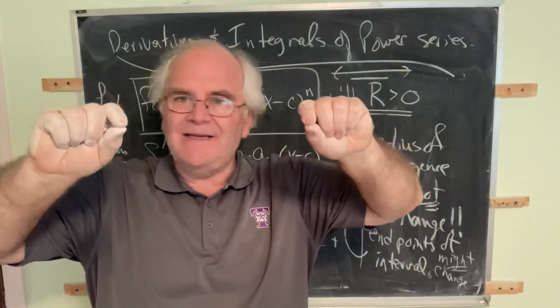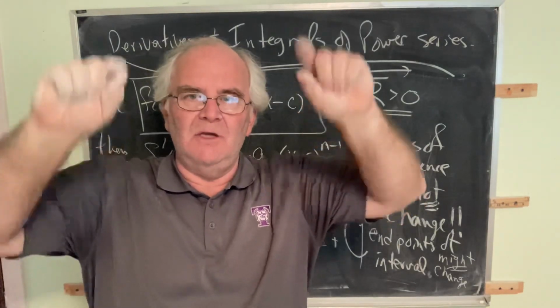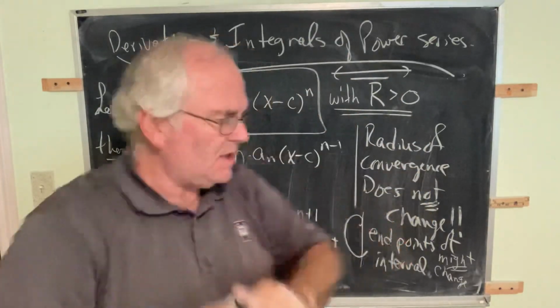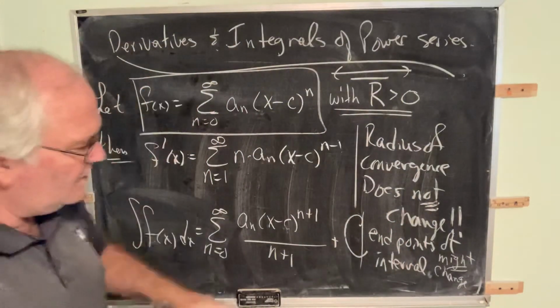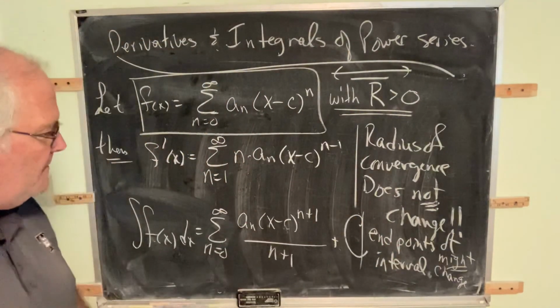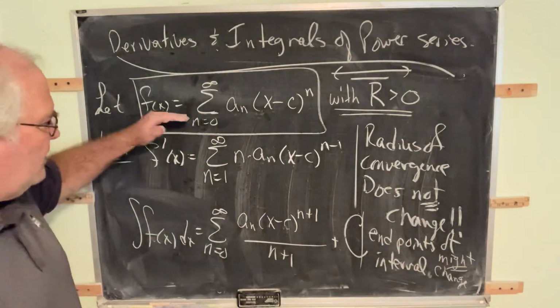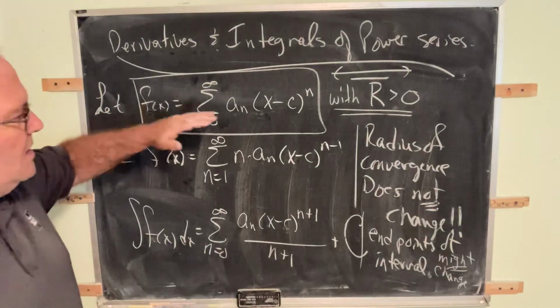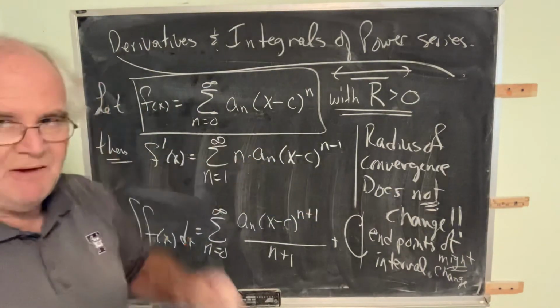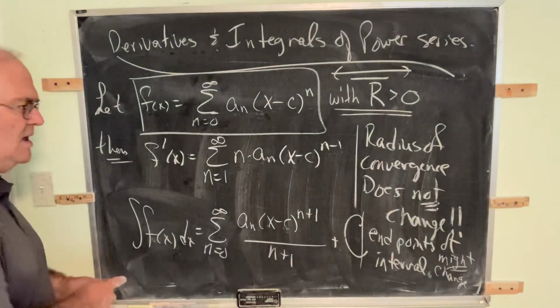When you take the antiderivative, you might gain them. So you must check the endpoints of the interval of convergence if it is the finite length scenario. Given any power series, this is how you find the derivative, this is how you find the antiderivative, and then you can check the endpoints of the interval of convergence independently.